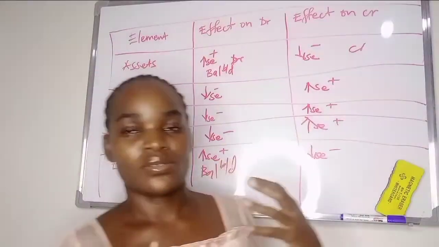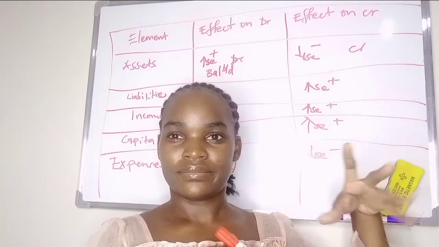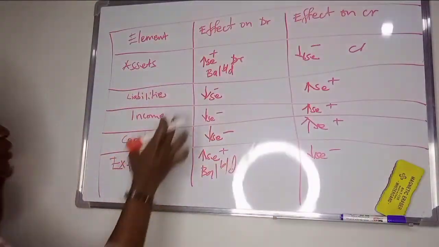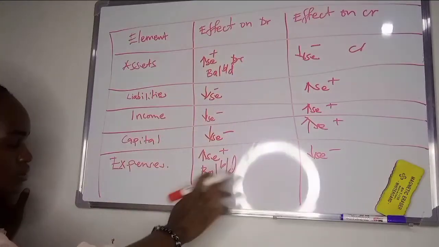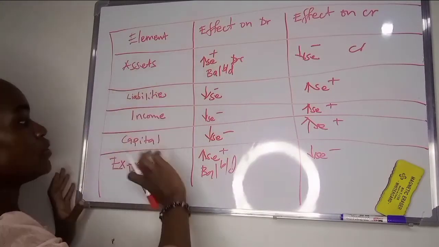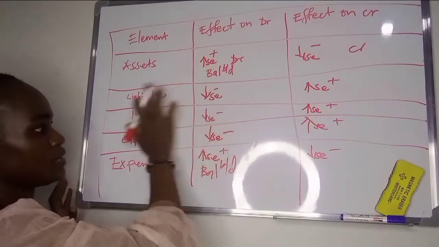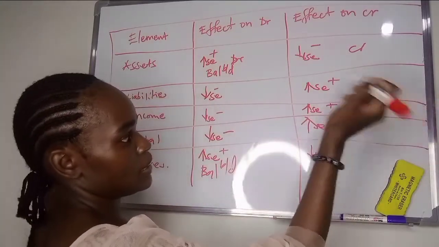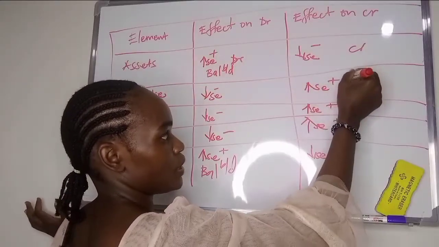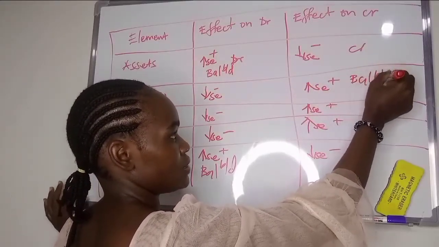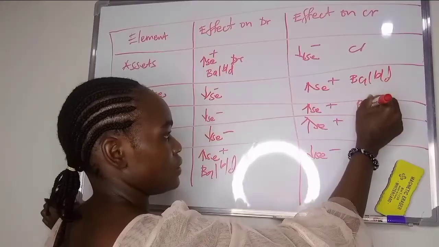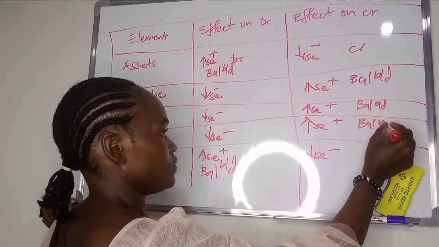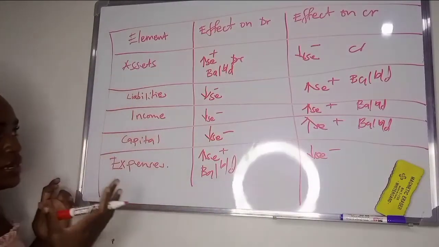The opening balance is always on the increasing side. Then for these three in the middle, they have a normal credit balance. The balance brought down will be on the credit side.